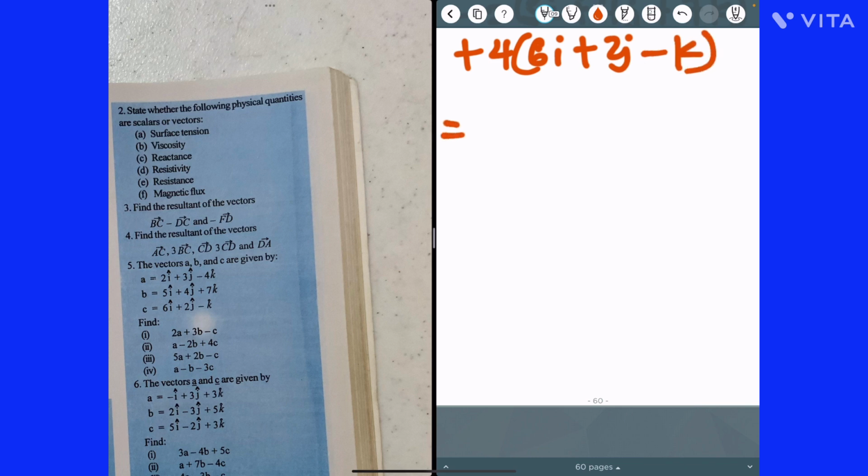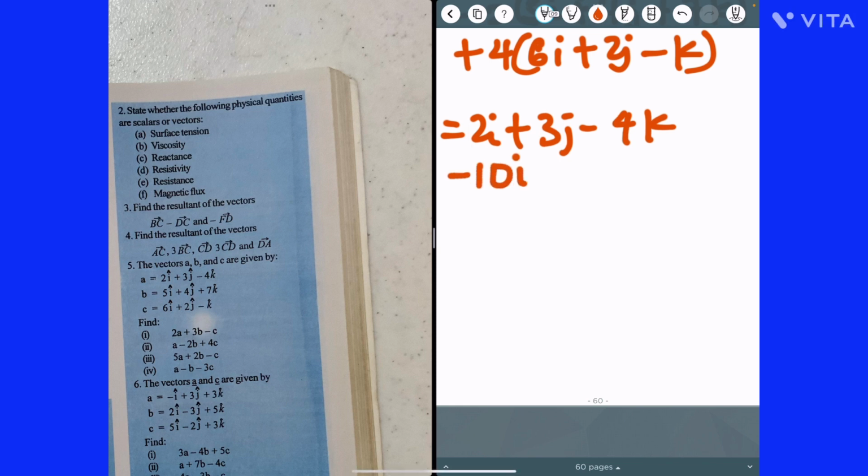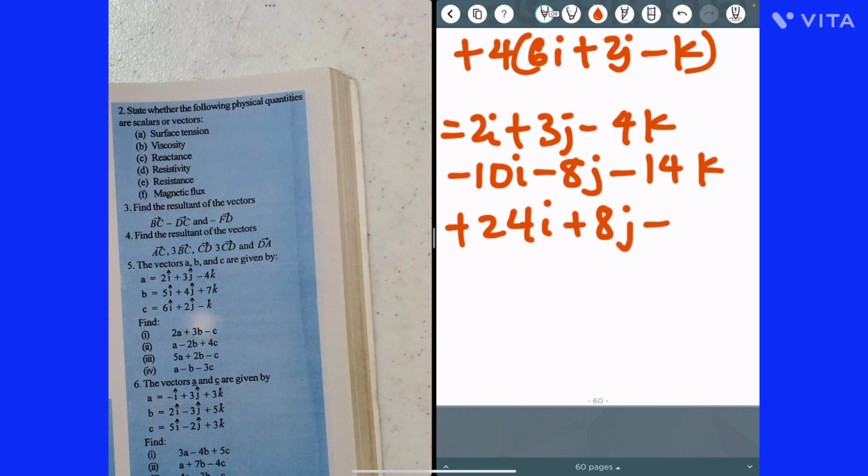So if you put this together, A is what? 2I plus 3J minus 4K. Minus 2B will be minus 10I minus 8J minus 14K. Plus 4C is going to be plus 24I plus 8J minus 4K.